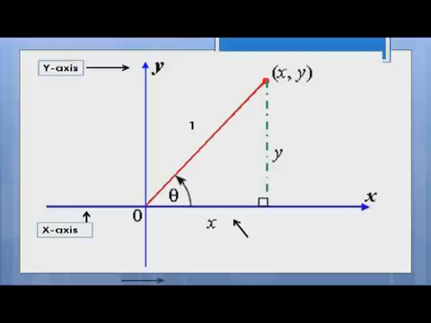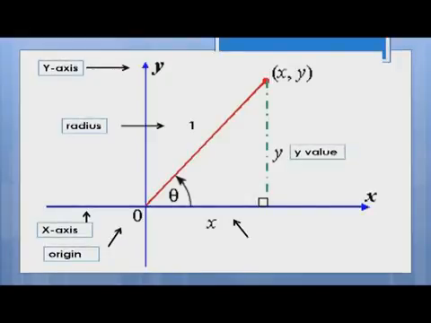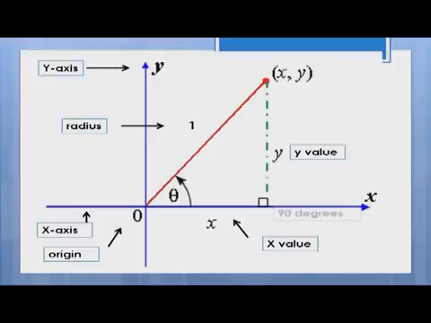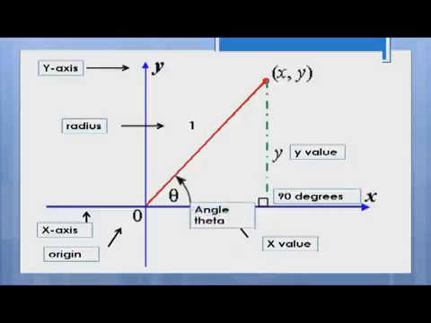The red line represents 1, which is the radius, and the point of origin is 0. The y-axis is perpendicular to the x-axis, which results in 90 degrees. And the angle is what we call the angle theta.